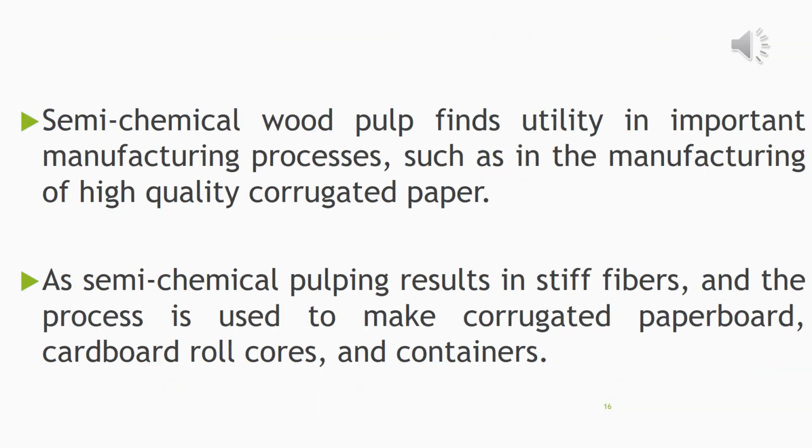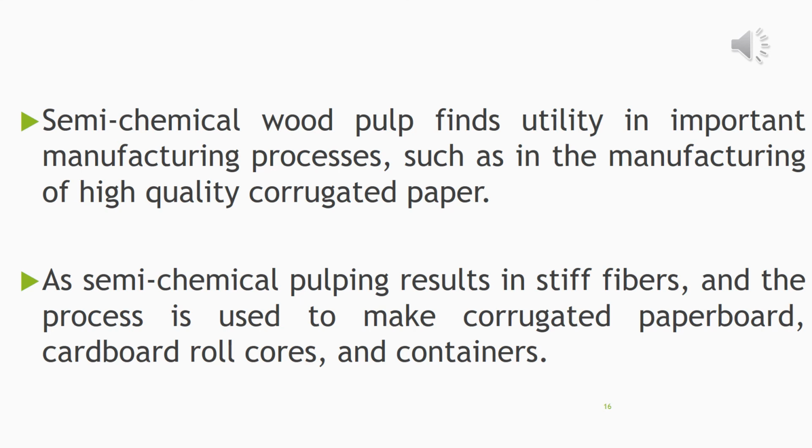The semi-chemical wood pulp finds its utility in important manufacturing processes, such as the manufacturing of high-quality corrugated paper. Corrugated paper is what you can see in the next slide.